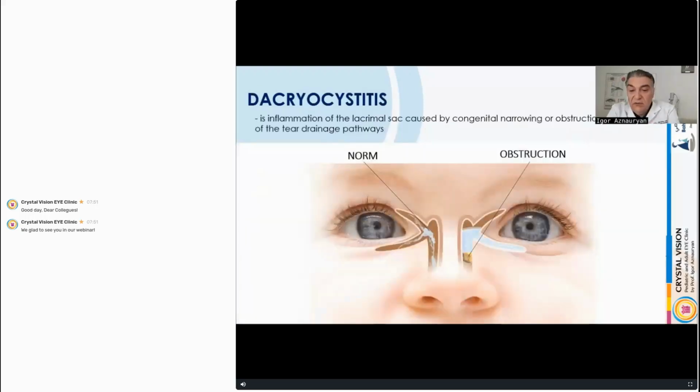Now that we have recalled the embryogenesis and anatomy of the nasolacrimal duct, let's talk about the diseases of this system. Most often, young patients suffer from diseases of the tear drainage system. Dacryocystitis, an inflammatory condition of the lacrimal sac, is caused by congenital narrowing or obstruction of the tear drainage system, clinically manifesting initially as catarrhal inflammation, and then as purulent inflammation in the area of the lacrimal sac.